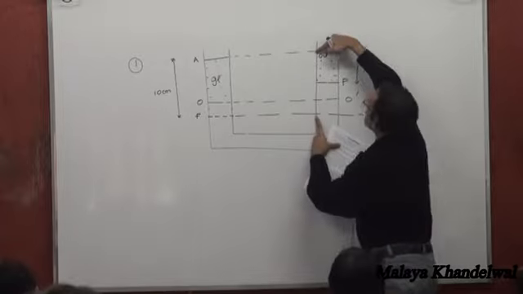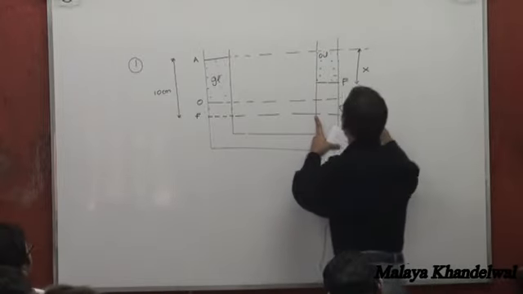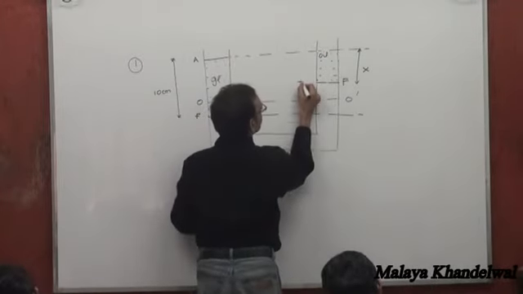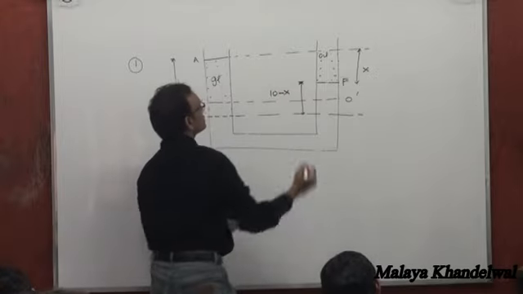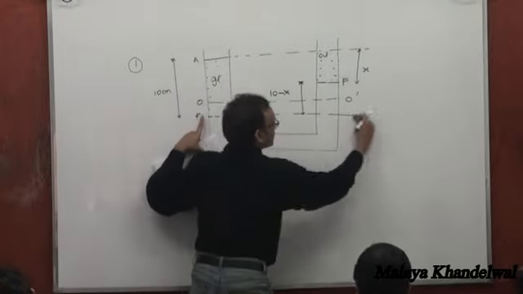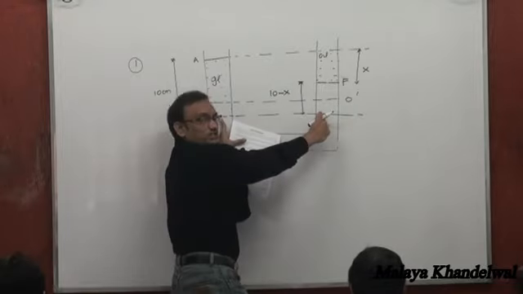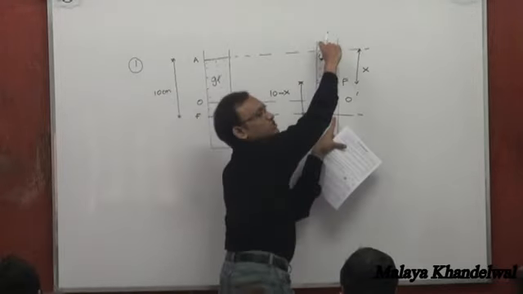Now this you realize is 10 centimeters. So now this length is going to be 10 minus x centimeters. And at this level I can equate the pressures, this pressure and this pressure.